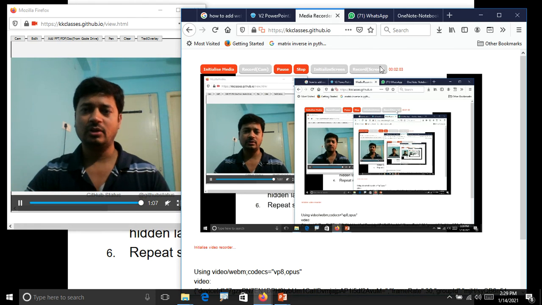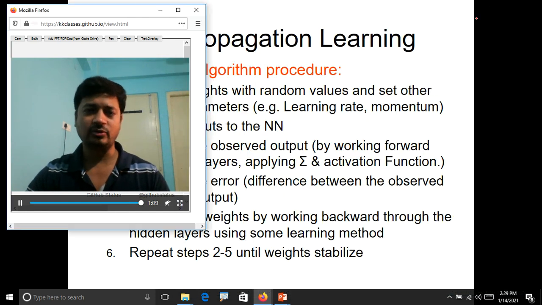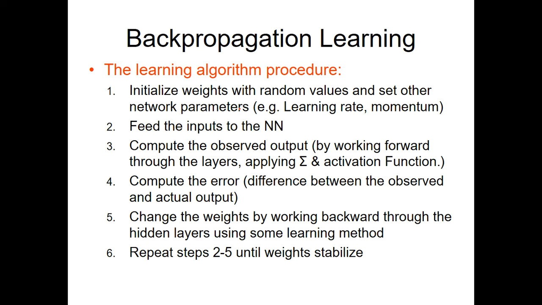Hello students. So in this lecture we are going to discuss back propagation learning in neural network. So referring to the last video, we had seen perceptron learning rule, that is easier, but now we are going to use a differentiable learning rule like delta learning rules or activation function like sigmoid, which can be differentiated.